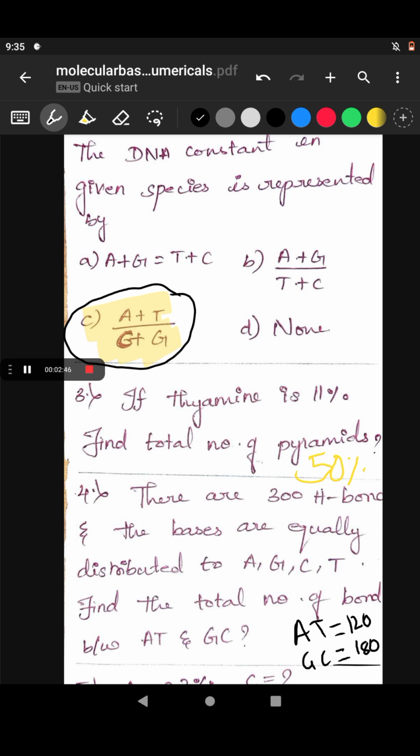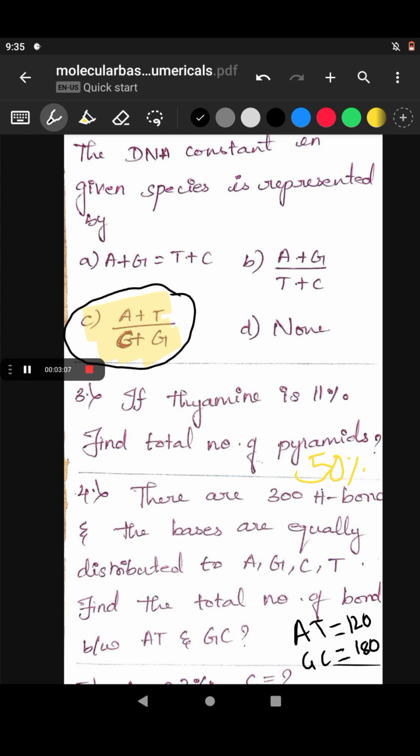So thymine is going to be 11%. Adenine will also be 11%, so totally 22%. If you take 22%, the remaining will be 78% of cytosine and guanine.